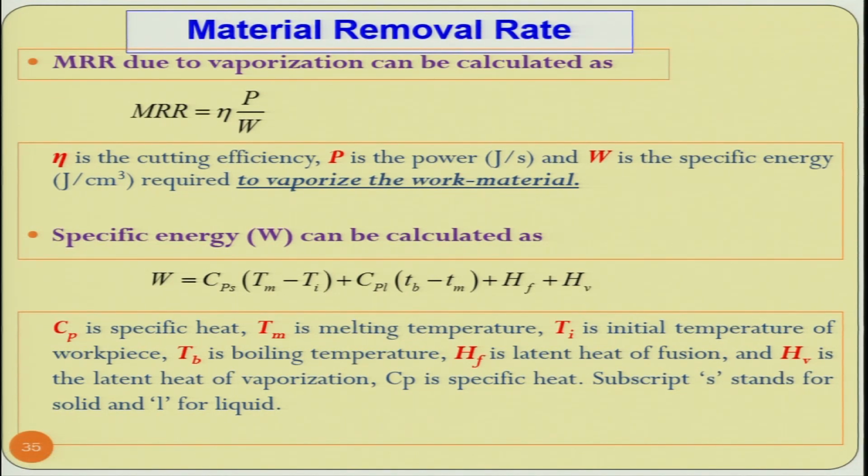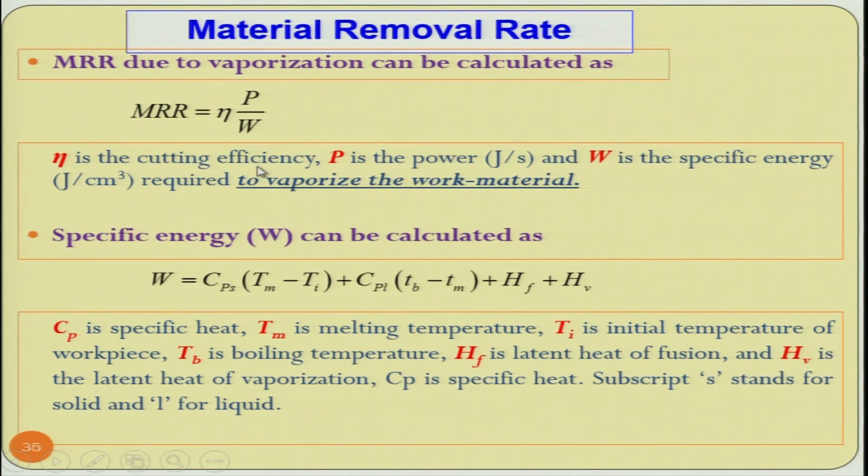So, with the help of these two simple equations, you can calculate material removal rate in case of electron beam micro machining as well as electron beam machining processes. However, you have to know in advance the cutting efficiency zeta.